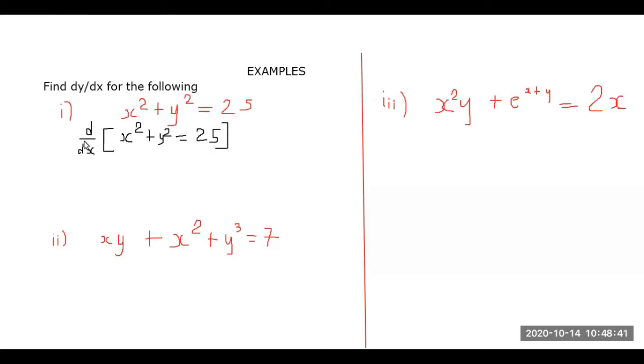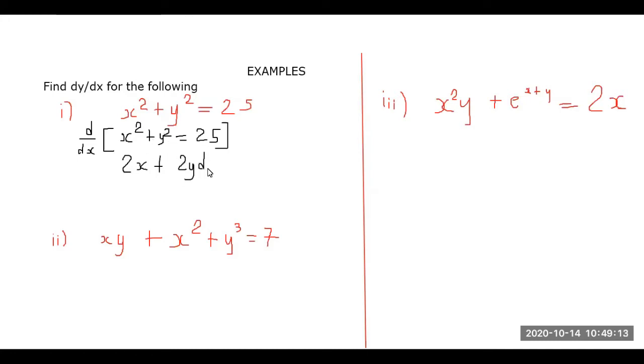Step two is to differentiate with respect to x. The differential of x squared, as we know, is 2x, plus the differential of y squared. Now we cannot differentiate y with respect to x. So if we think of y squared as A, it becomes dA by dy. When we differentiate y squared with respect to y, we get 2y, but then we multiply it by dy by dx.